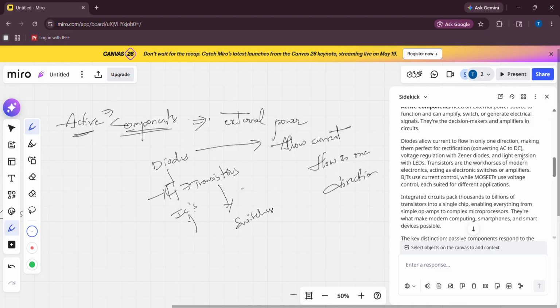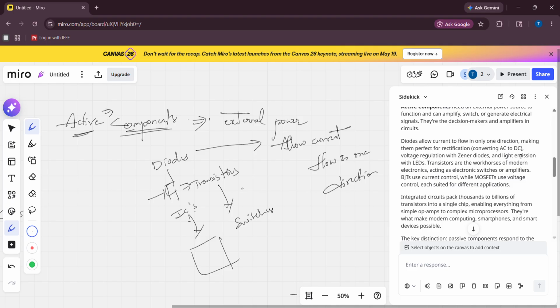Integrated circuit packs the transistors. What is the meaning of integrated circuit? The number of transistors placed in a single chip, millions or billions of transistors. Multiple transistors present in a chip, we call it an IC.